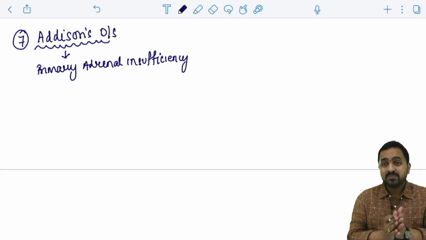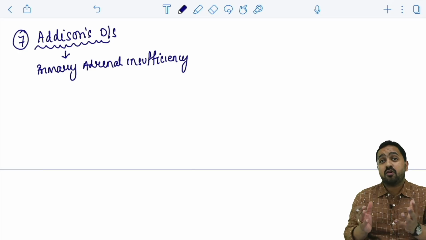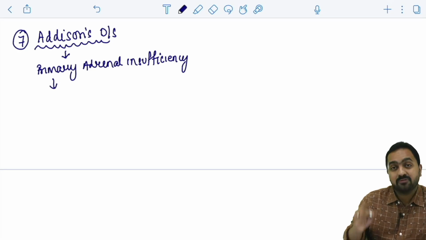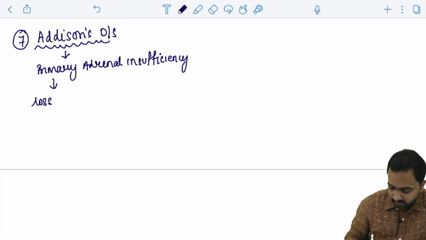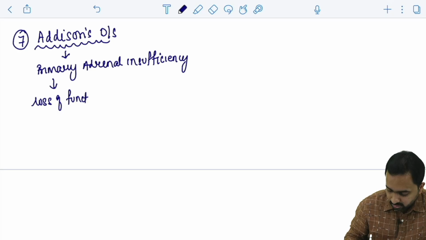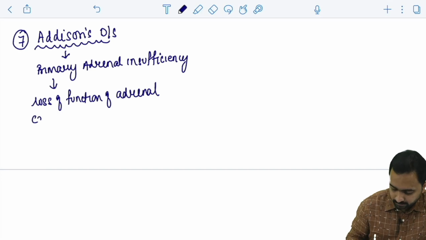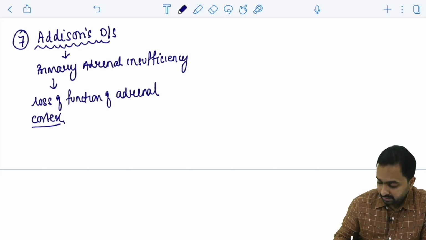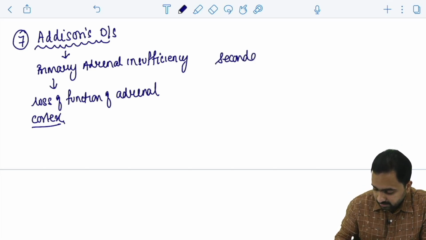What happens over here is that the adrenal hormone, specifically the cortisol, is very low. In case of primary, there is loss of function of adrenal cortex. Since there is a primary, there would be a secondary adrenal insufficiency.